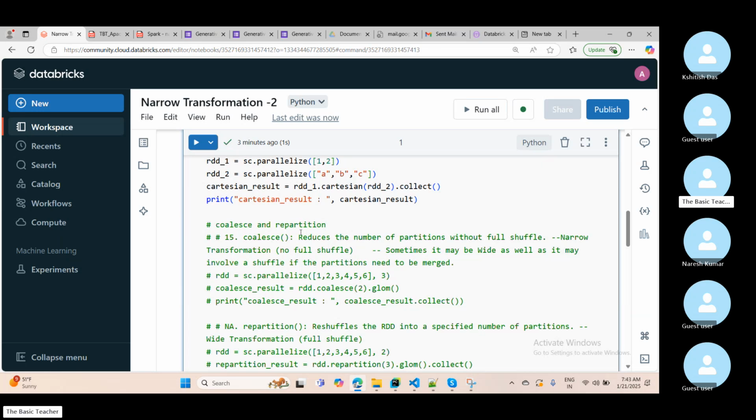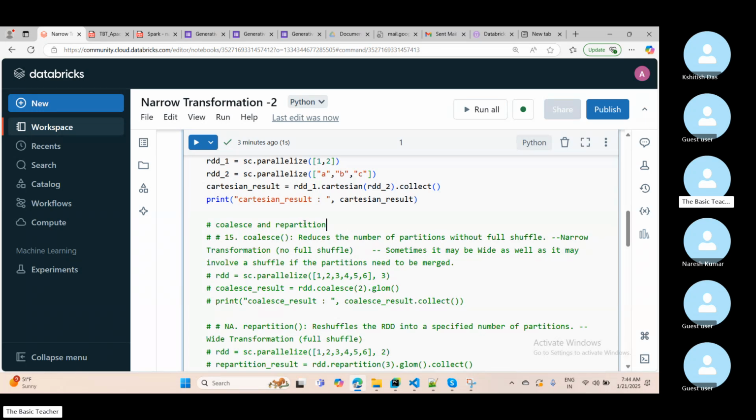Let's say you have a 10 GB file and you are processing it. For processing, what will be your requirement? You will be thinking that if I can split that into multiple partitions and distribute them over multiple nodes, then my processing will be faster. In that case, you need to increase the number.